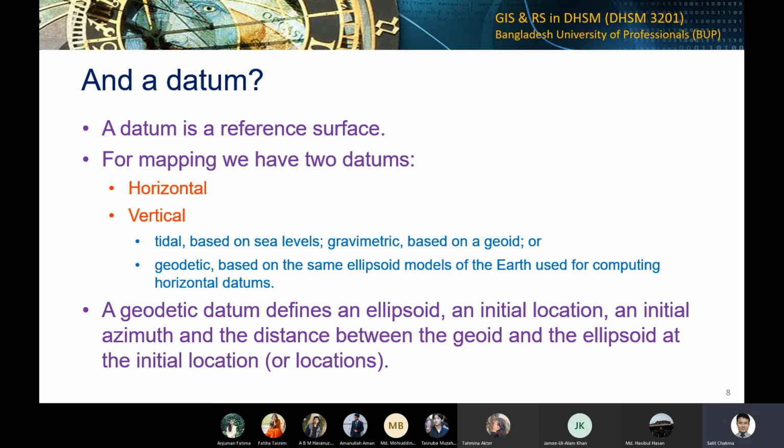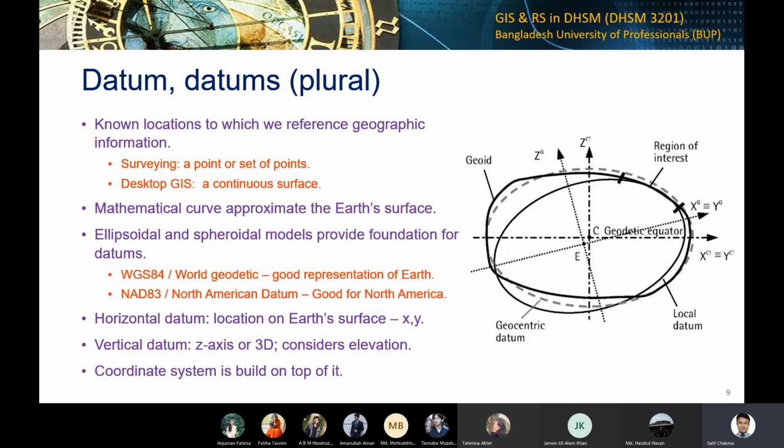So for doing a datum, what we do is a geodetic datum defines an ellipsoid, an initial location, an initial azimuth, and the distance between geoid and ellipsoid at the initial locations. Okay, so that's a very academic description. Now, if we look into the practical descriptions or the explanations, they would look like this.